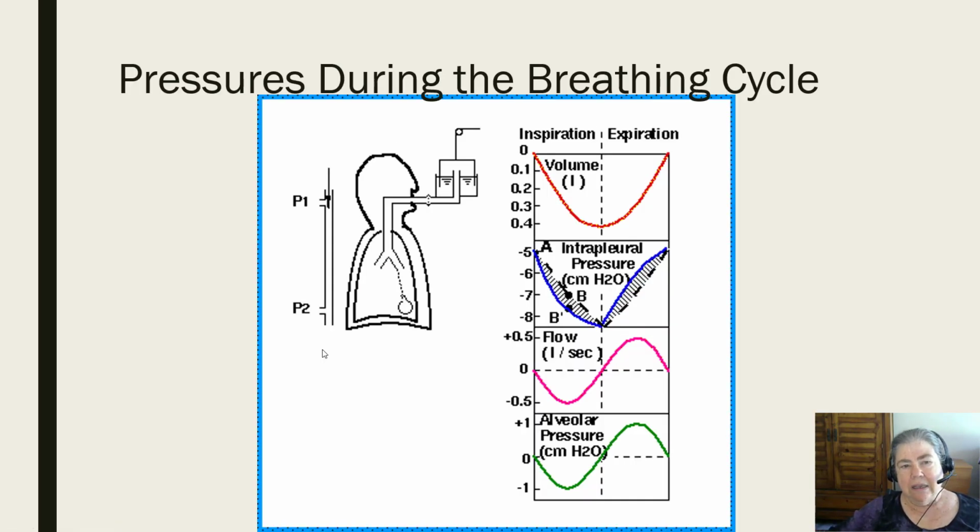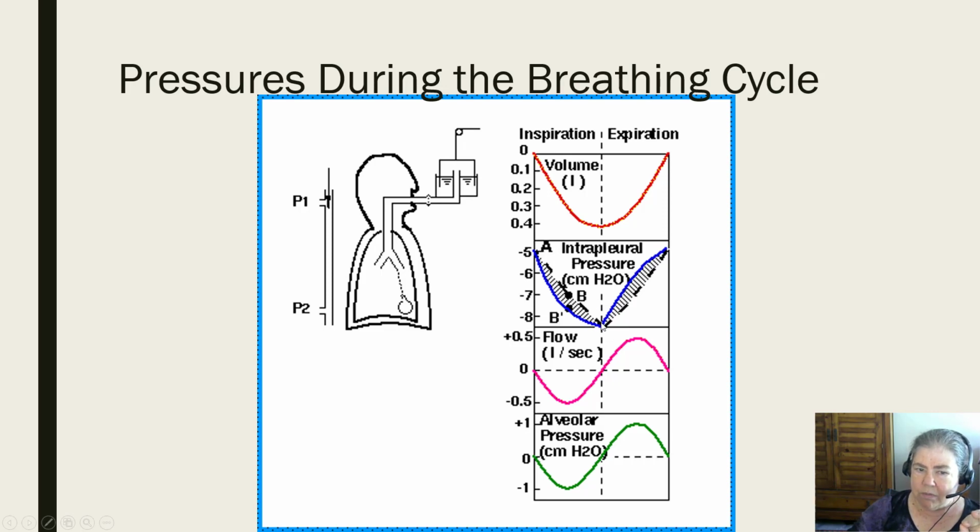This is showing a diagram of somebody hooked up to a spirometer having pressures measured during the breathing cycle. I talked about this a little earlier, but I want to show you now how pressures change during inspiration and expiration, and how the intrapleural pressure changes quite a lot.